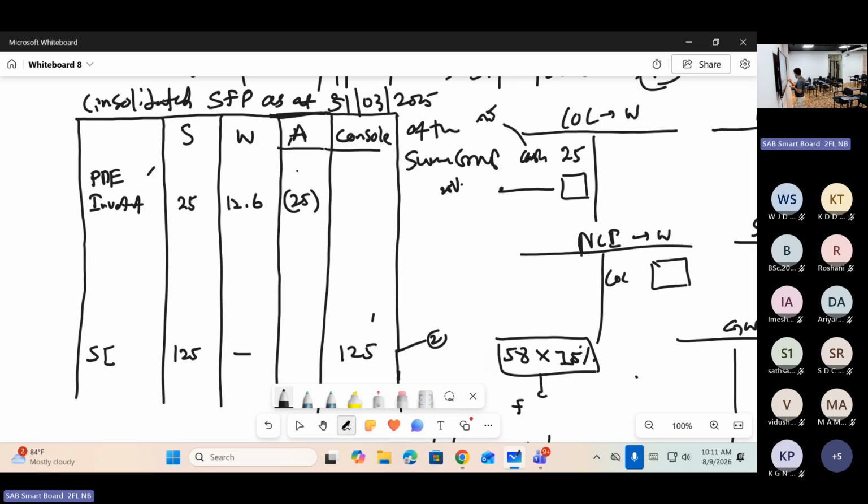What is that? Fair value of NCI. Right? Here's the fair value of NCI: $14.5.